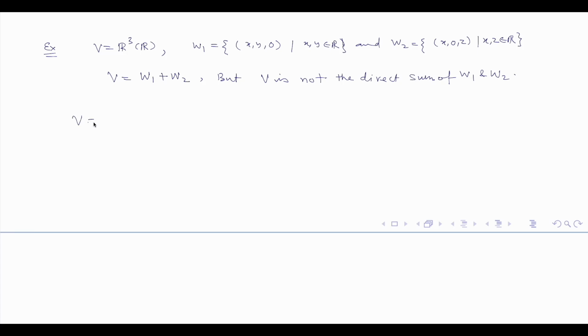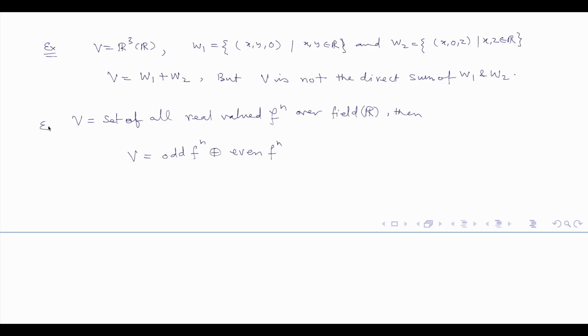Let's say V is the set of all real valued functions over the field R. Then V can be written as the direct sum of all odd functions and all even functions. This is the direct sum we can always find, right?